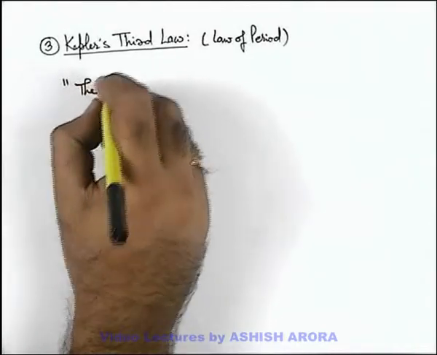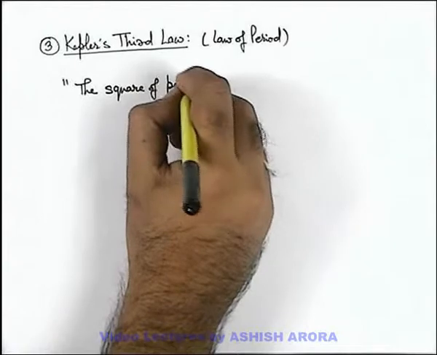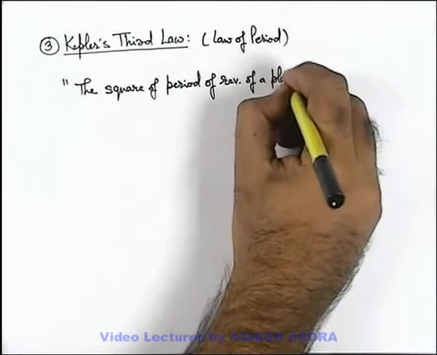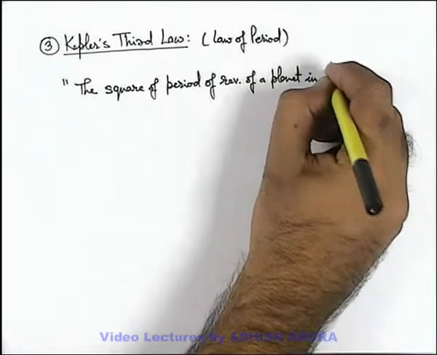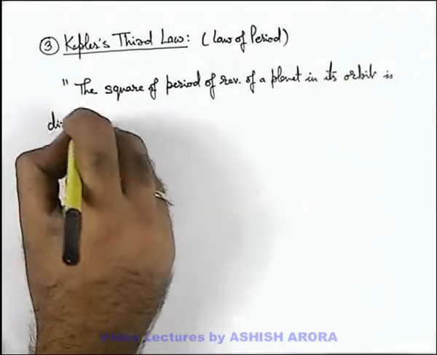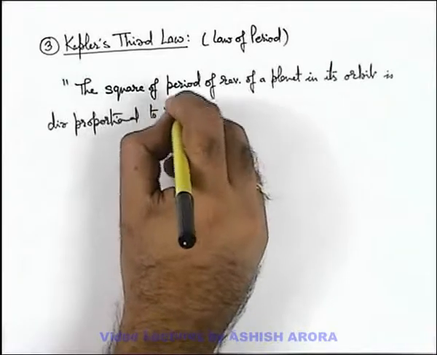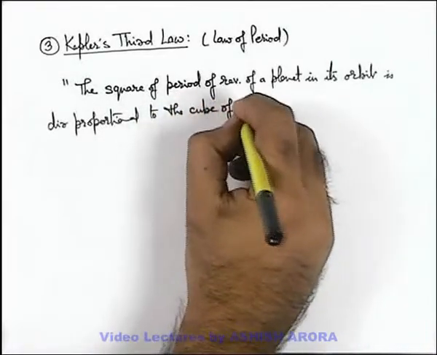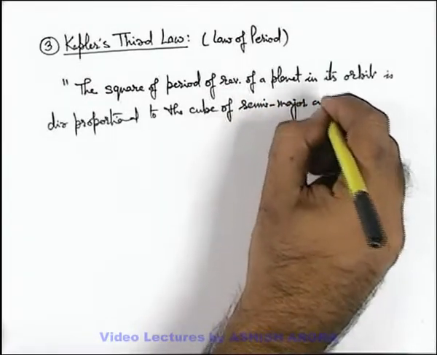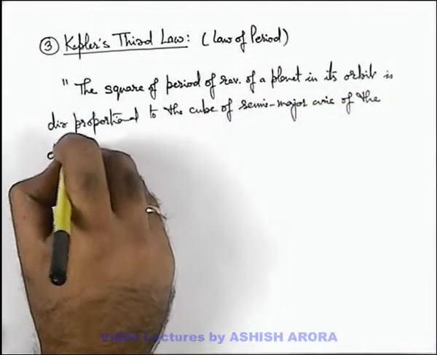This law states that the square of the period of revolution of a planet in its orbit is directly proportional to the cube of the semi-major axis of the elliptical path.